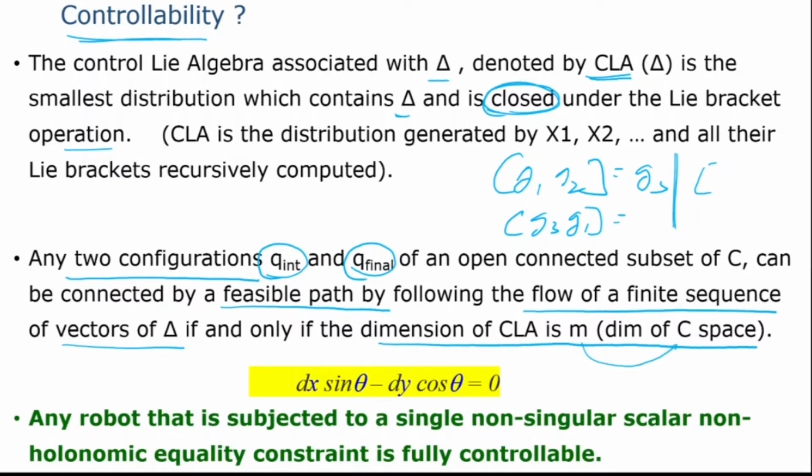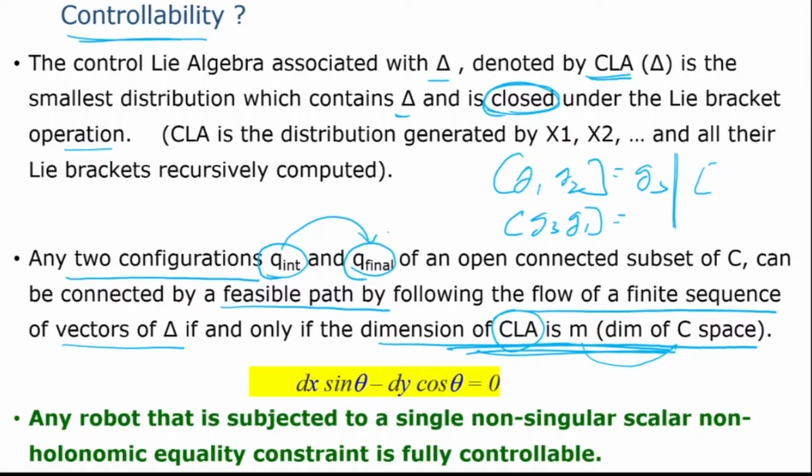So if I want to figure out if a system is fully controllable, I need to check this condition, that the dimension of the CLA is equal to the dimension of the C space. If that is the case, then we can say that the system is fully controllable. That also means that from an initial point, you can always find a path to the final point. That is the meaning of controllable, right?